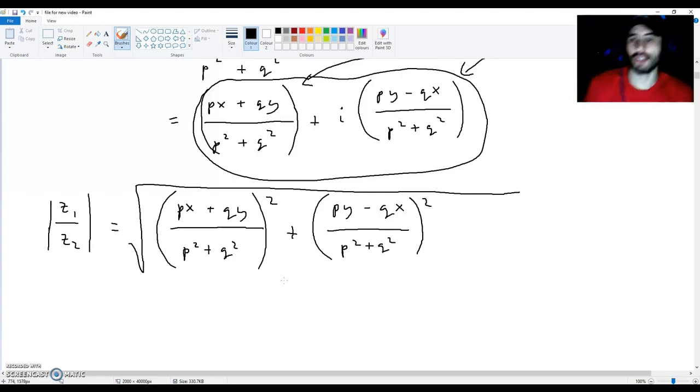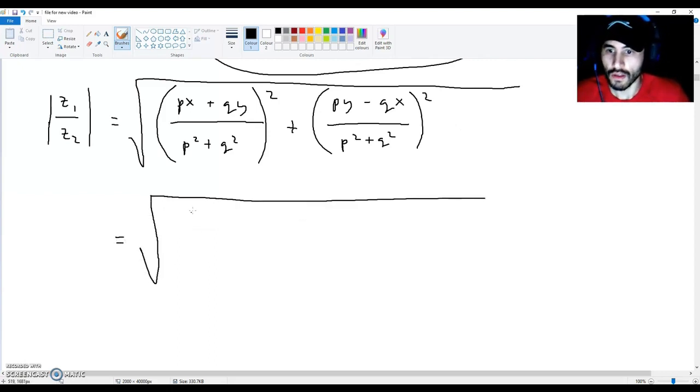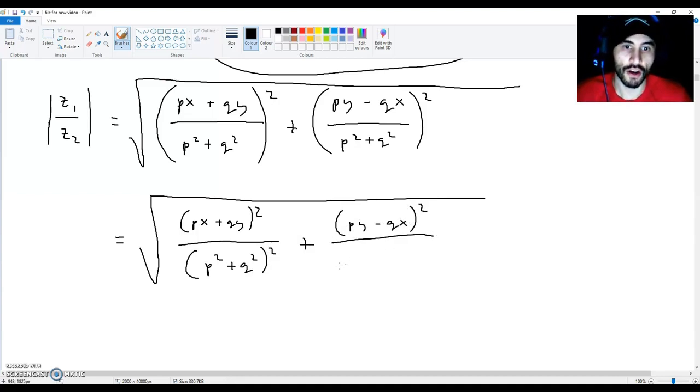This is really chunky, so let's simplify it. It's going to be equal to root of brackets px plus qy squared over brackets p squared plus q squared squared, plus brackets py minus qx squared over brackets p squared plus q squared squared.